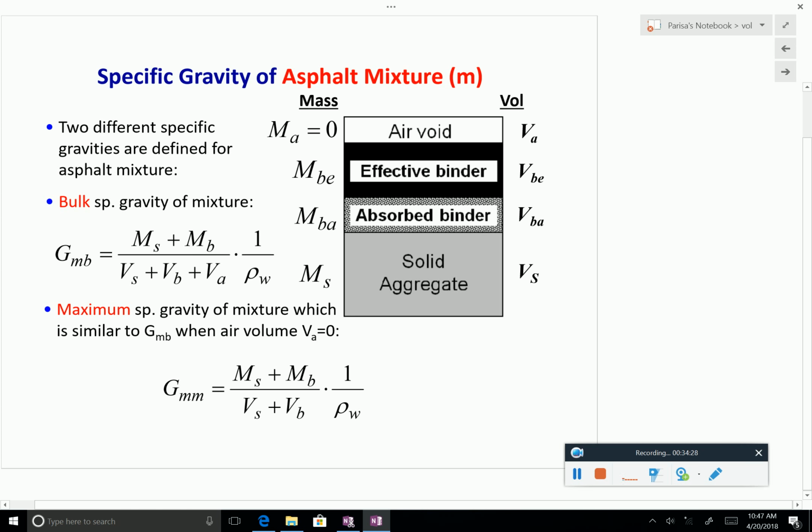And the last ones are the specific gravities for the asphalt mixture. So this is not just for the aggregate alone, it's for the mixture. And mixture is, you see the M here, that's mixture.